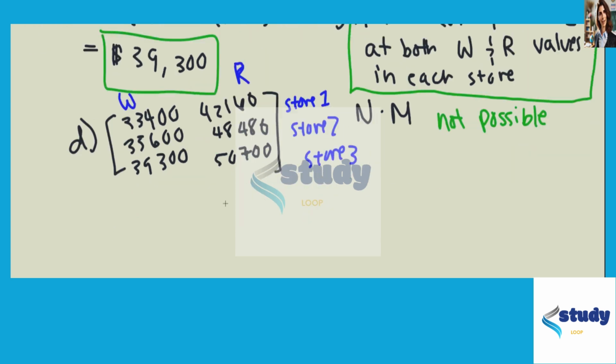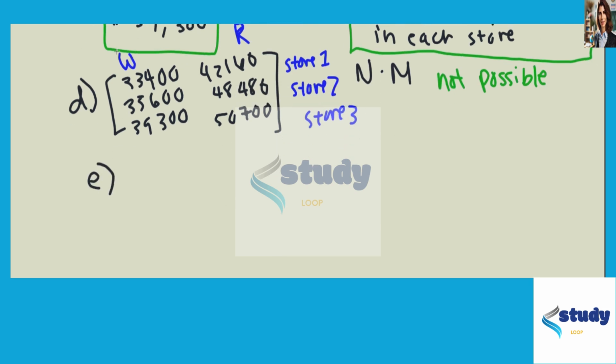In part E, we're asked to discuss the methods of multiplication where we can find the total inventory of each model.